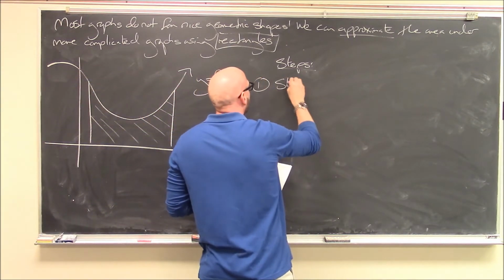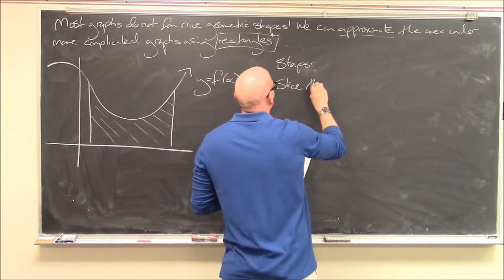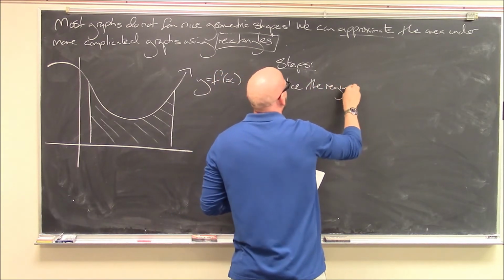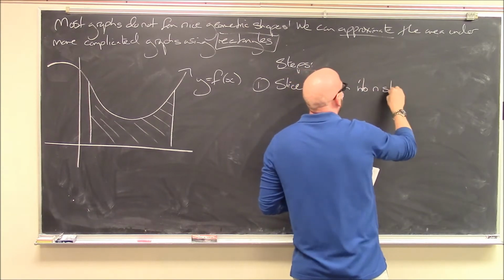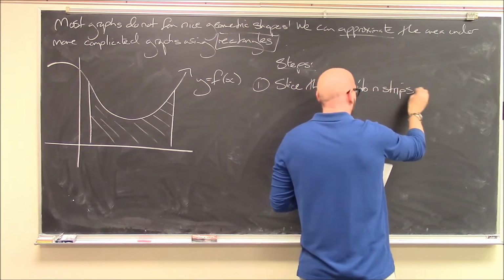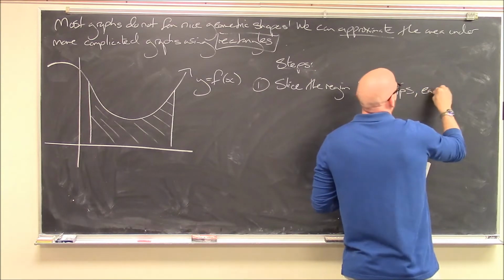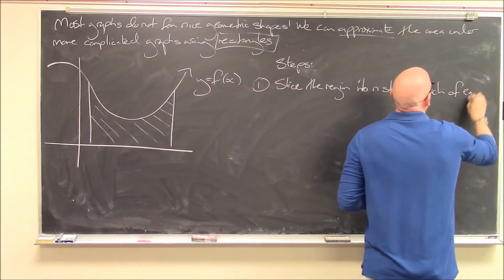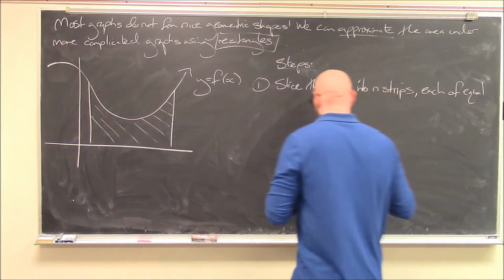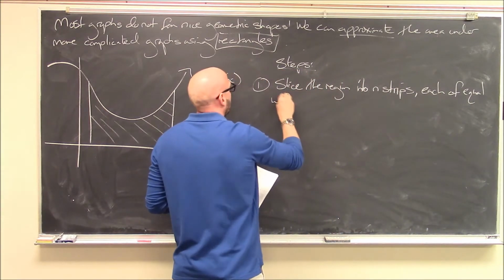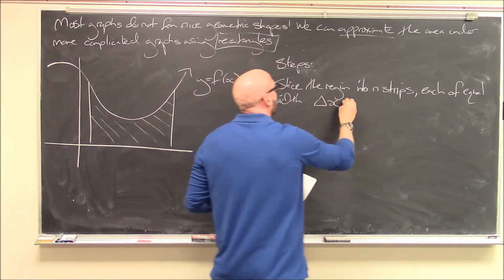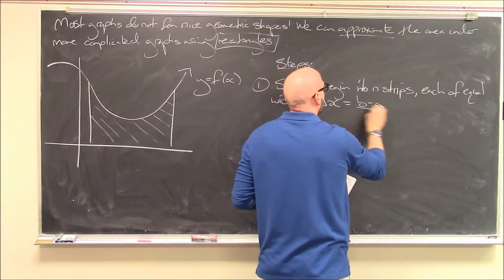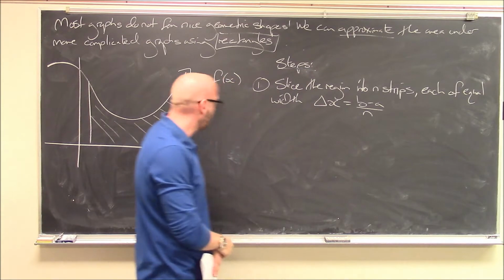Slice the region, so the shaded region, into n strips, each of equal width, say delta x, which would be b minus a over n, is the actual width.